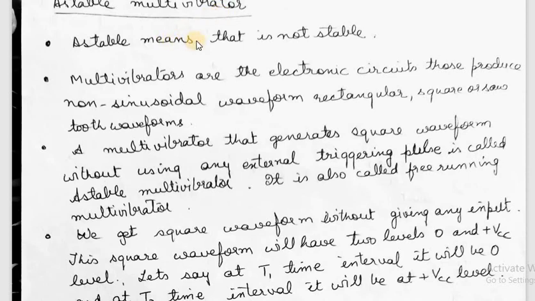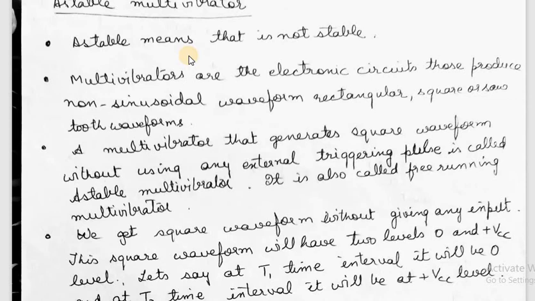Second is monostable multivibrator, and third is bistable multivibrator. So we'll be discussing all three types of multivibrators in detail. Now today I'll tell you what is an astable multivibrator and what is the difference between the three.